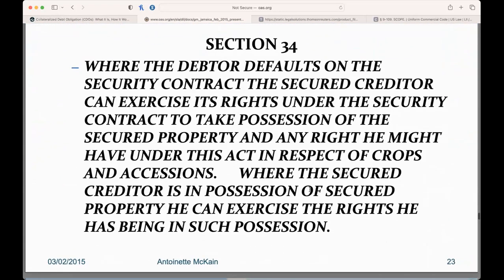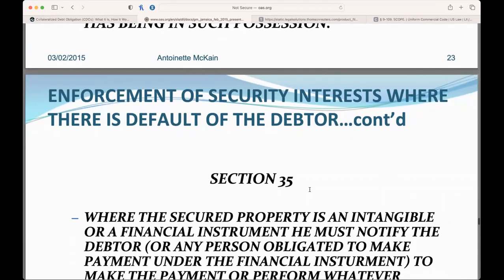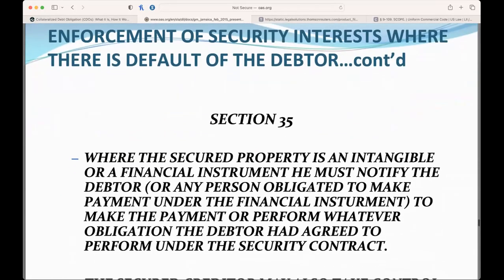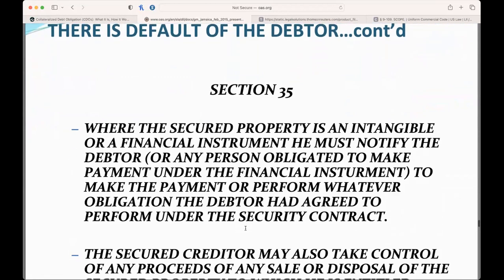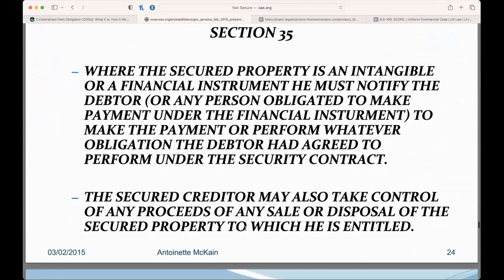Where the secured creditor is in possession of secured property, he can exercise the rights he has being in such possession. Section 35, where the secured property is an intangible or a financial instrument, he must notify the debtor or any person obligated to make payment under the financial instrument to make the payment or perform whatever obligation the debtor had agreed to perform under the security contract.